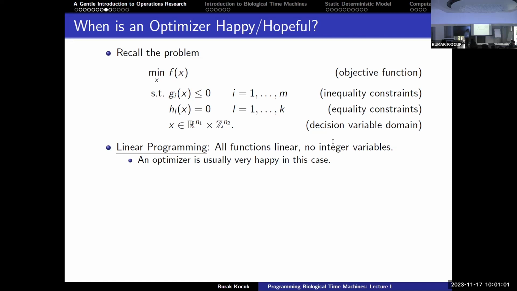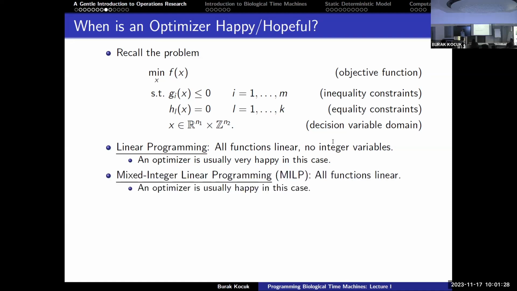That's it, and there are no integer variables. It turns out that these problems are easy to solve in the complexity sense. And as an optimizer, if I can formulate a problem using linear programming, I will be really happy, because there are really good solvers which can solve these problems.